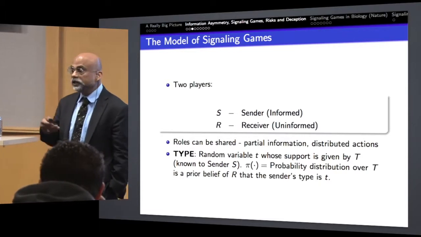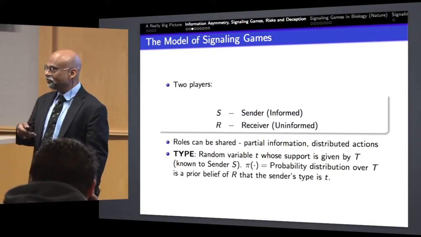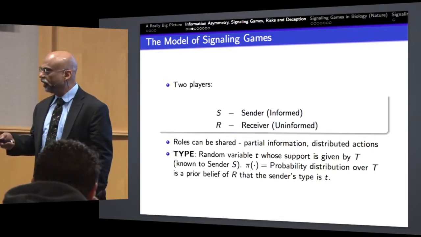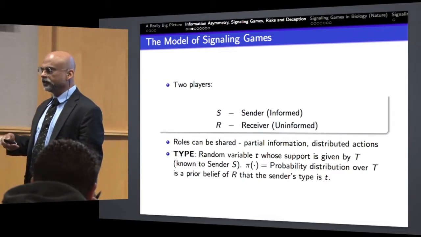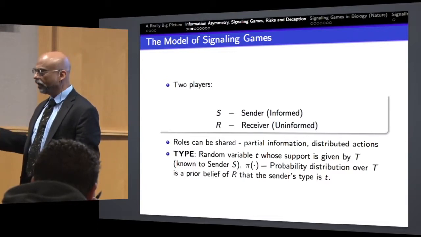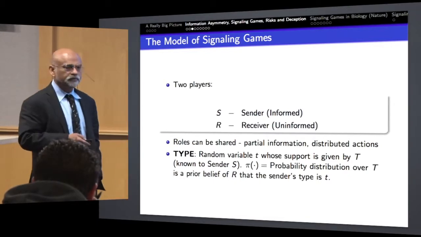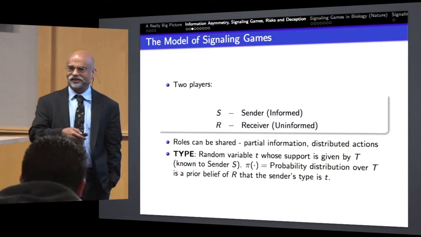Okay? If the system was completely transparent, then of course I have nothing to talk about because it's not an information asymmetry game. And if everybody is truthful and everybody is transparent, that's a classical game, and that has very different kind of equilibria. Any questions so far? Does this make sense? Yeah? Okay.